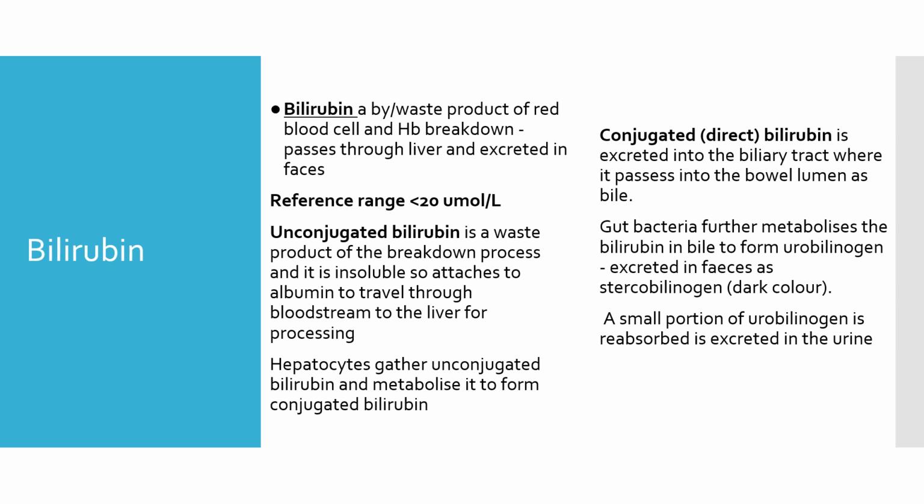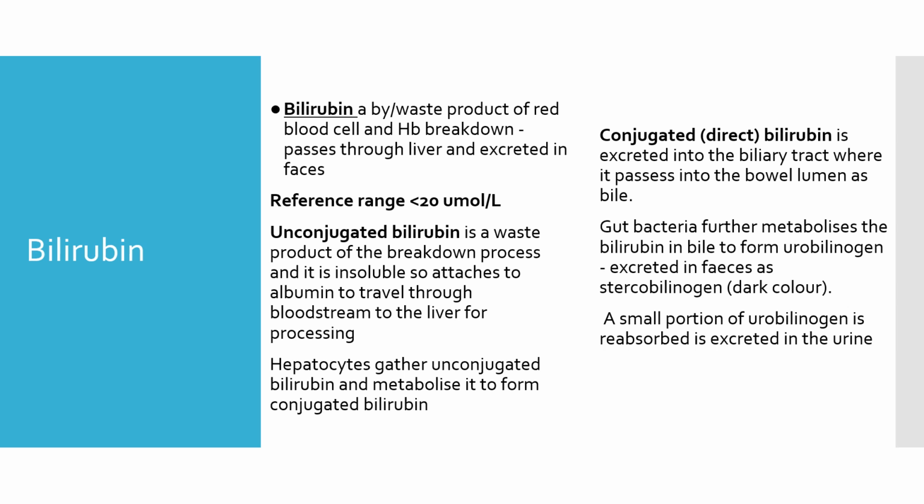That's where it can be passed to the bowel as bile, but it can also be metabolized by gut bacteria in bile to form urobilinogen, which gives feces its dark colour, and some of that is reabsorbed and excreted as urine. So that's the two different forms, conjugated and unconjugated.